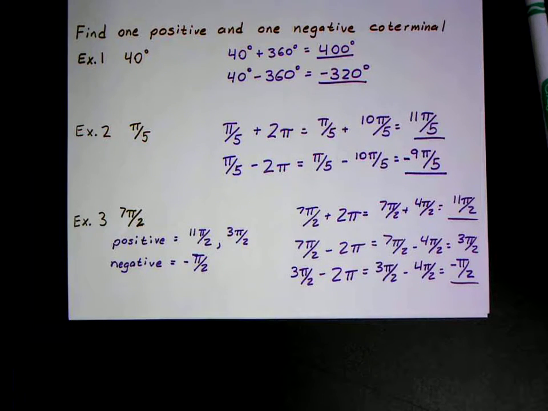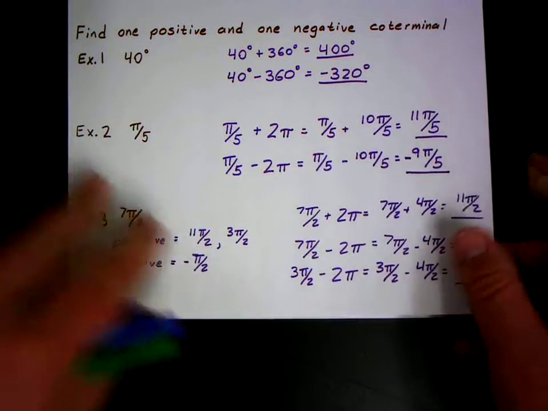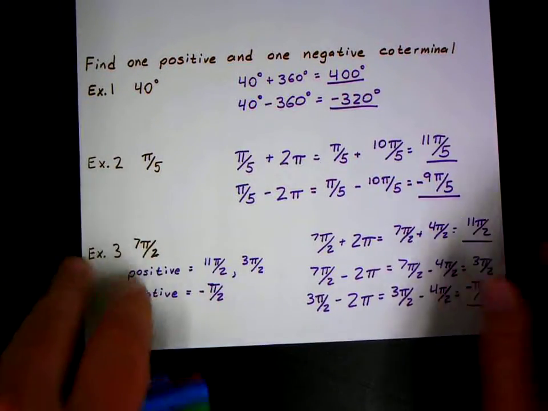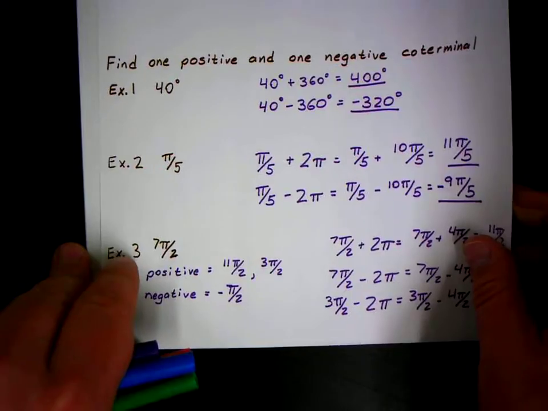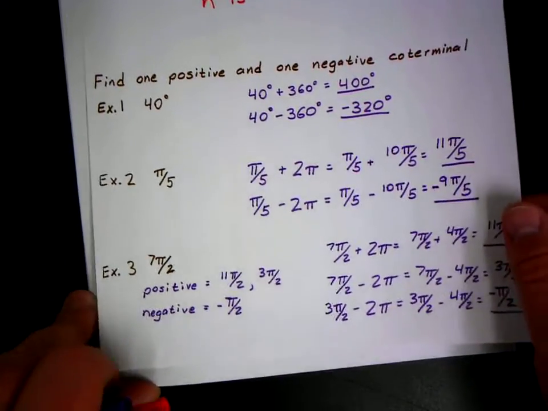It wastes your time, not mine. Any positive coterminal works. I can also subtract 2 pi 5 more times and find a really negative coterminal. All right, you guys okay with coterminals?